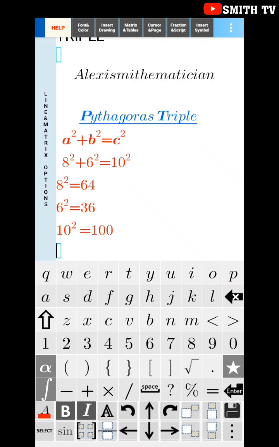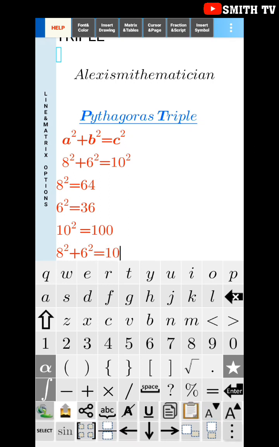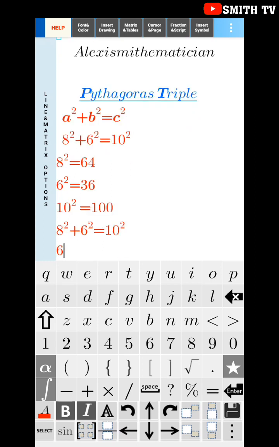That is 8 square plus 6 square is equal to 10 square. That is 64 plus 36 is equal to 100. So this information gives the Pythagoras triple.